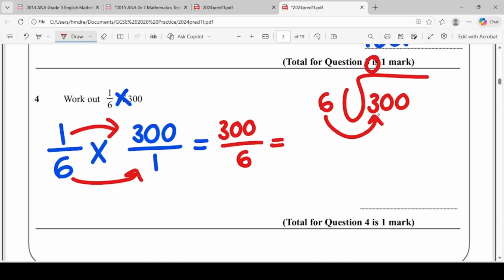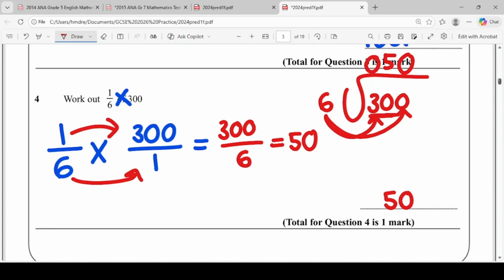It doesn't. How many times does 6 go into 30? So 30 divided by 6 is 5. And then how many times does 6 go into 0? 0. And so we are left with 50. And so 1/6 of 300 is 50. So that would be the one way of doing this.